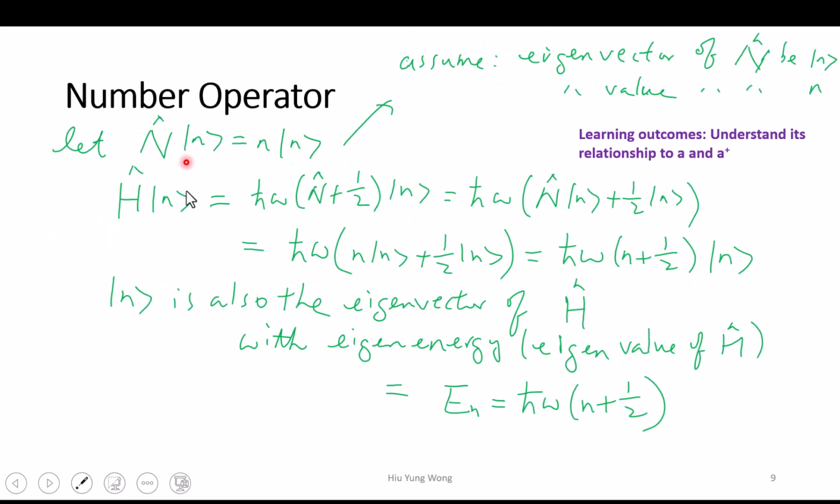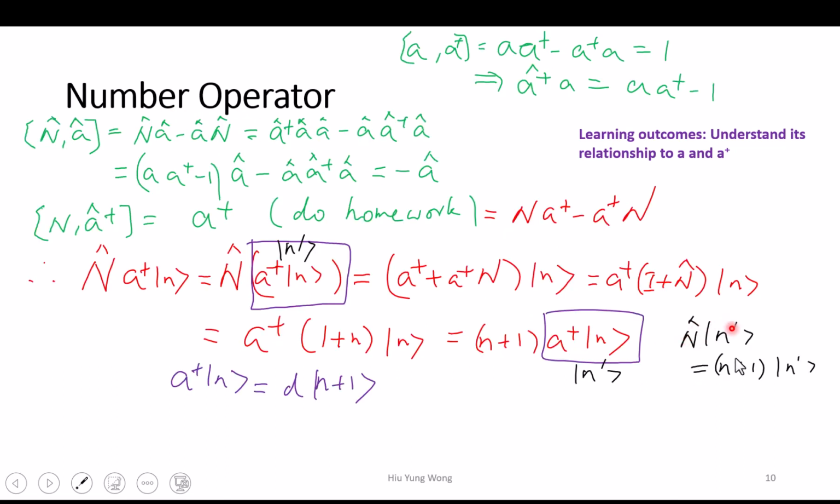What do we say about number operator? If you apply to n, I get n coefficient as n, right? Now apply to this vector, I get n plus 1. Then n dash must be what? If I apply to this guy, I get n plus 1. I'm supposed to get n dash n, right?